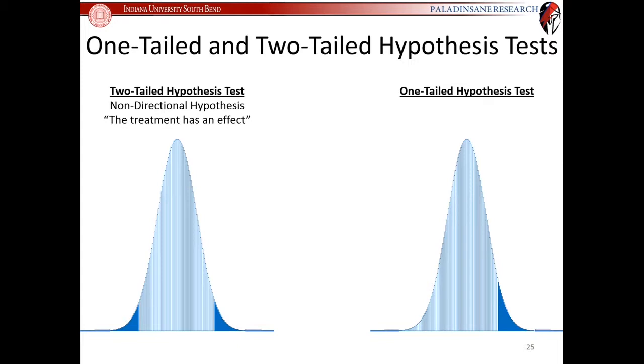So a good example that we've already seen of a non-directional hypothesis test or a two-tailed hypothesis test, was Harlow's study on monkey attachment. So there was no reason before Harlow did his experiment to believe or to expect that the baby monkeys would go to one mother versus the other.